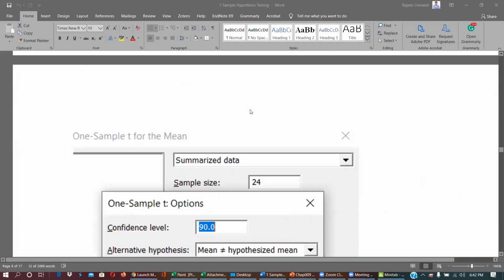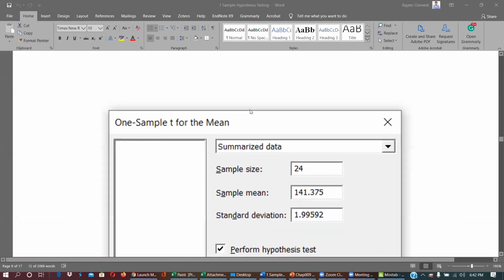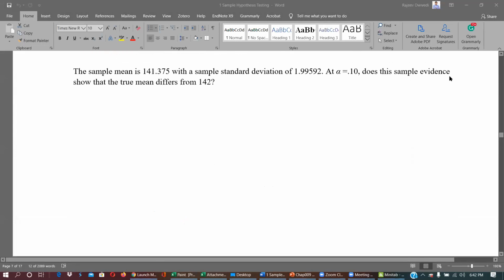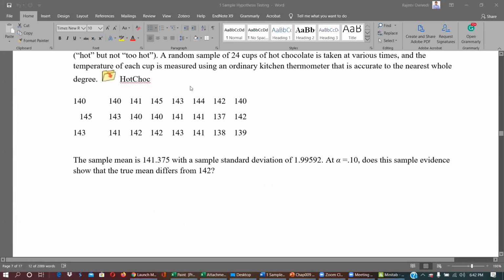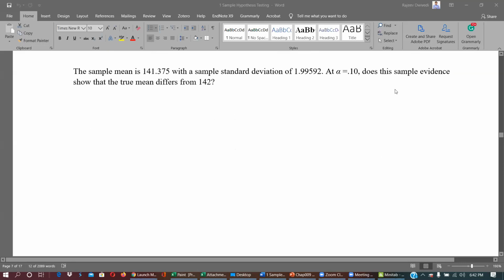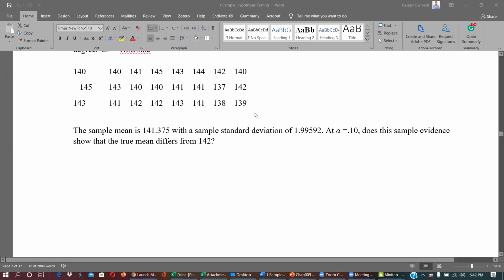In managerial terms, does the sample evidence show that the true mean differs? No, it does not differ from the true mean of 142 degrees Fahrenheit. There is no difference between the true mean temperature and the sample cup temperature.